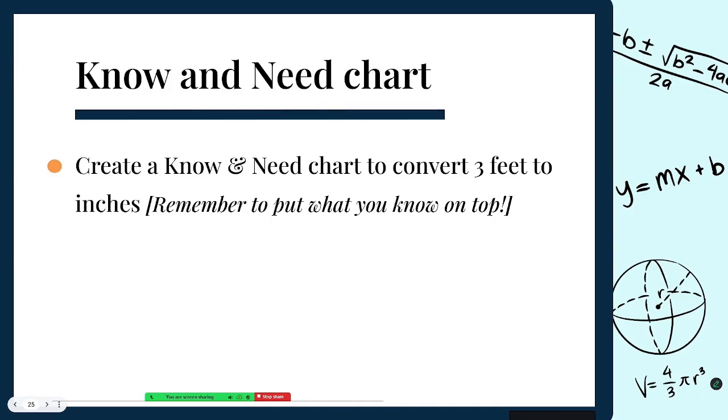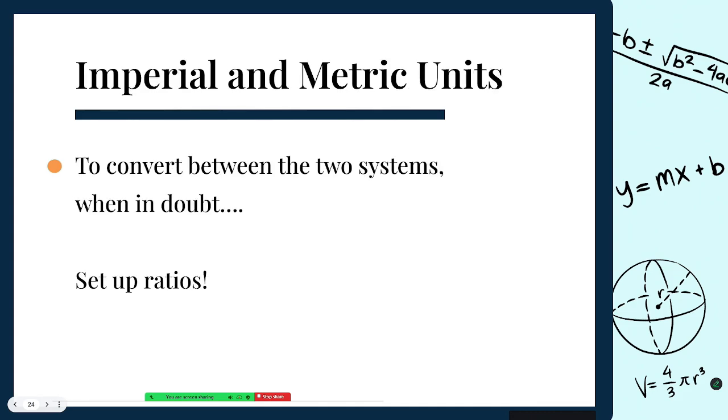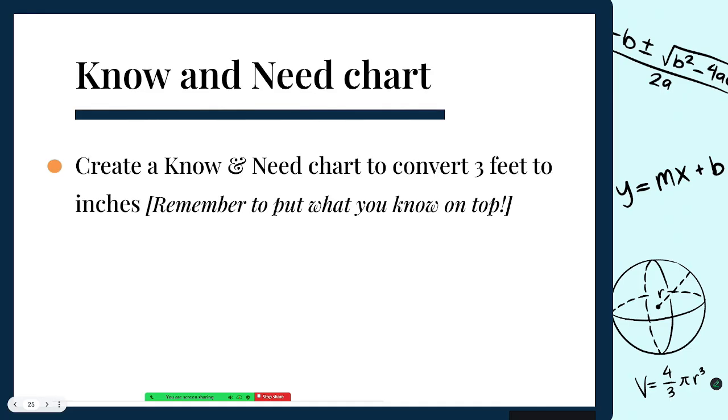Whenever you want to convert between systems, create a know and need chart that can resemble what this ratio system looks like. So when I say set up ratios, this is what we're talking about.